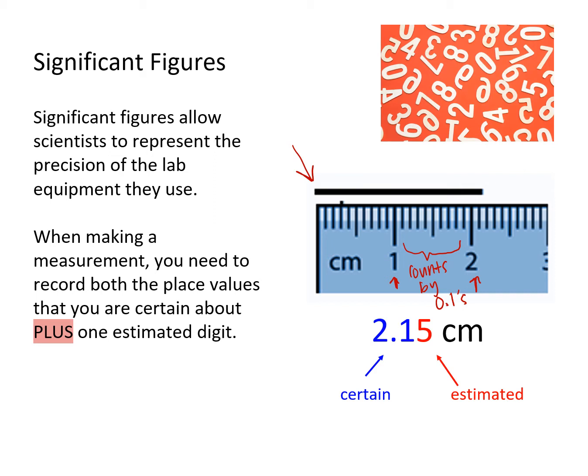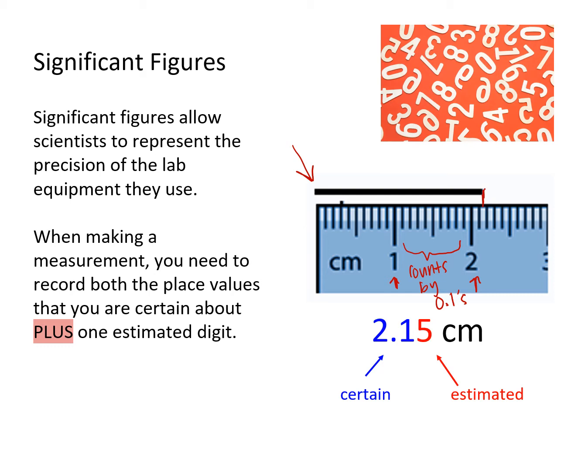So when I look at the measurement for the black line, I can be certain that I have at least 2.1 centimeters of the black line, that the black line is at least 2.1 centimeters long. What I'm not certain of is the space in between those graduations. So this black line falls a little bit above 2.1 and a little bit below 2.2.